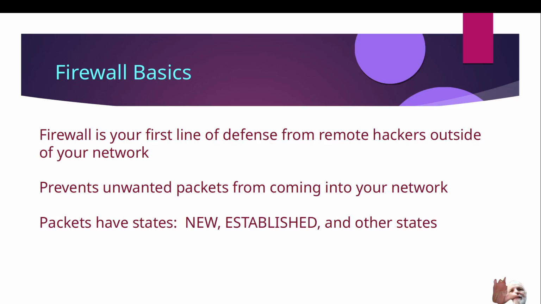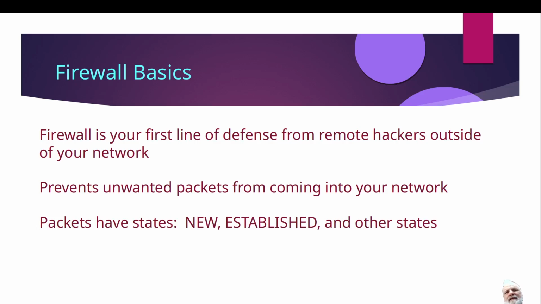When you send out that new packet, the Brightspace system returns the information it needs to return by sending an established packet. So the established packet is able to come back through the firewall. But by default, the firewall will block any new access coming from the outside into your private network.